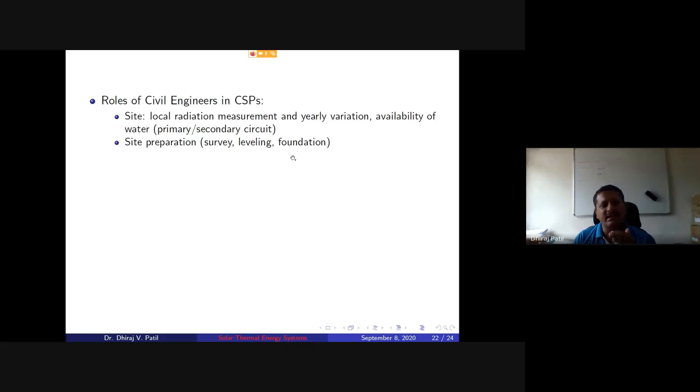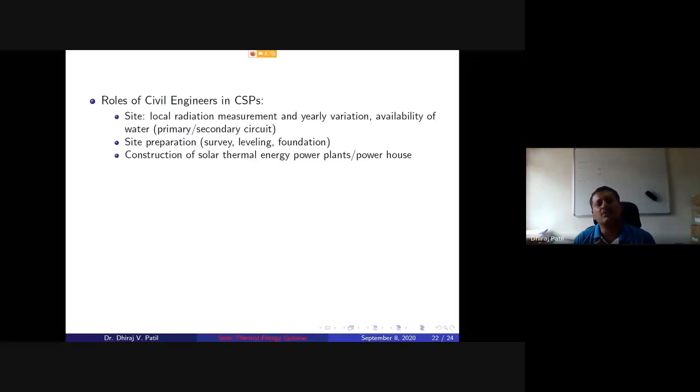Once you prepare the site for the particular project, you need to construct. That construction is not as tricky as you would find in, say, hydropower stations. In hydropower stations, you require civil engineers to play a major role, where you need a fail-safe design. Also, in the case of nuclear engineering or nuclear reactors, you need a fail-safe design.